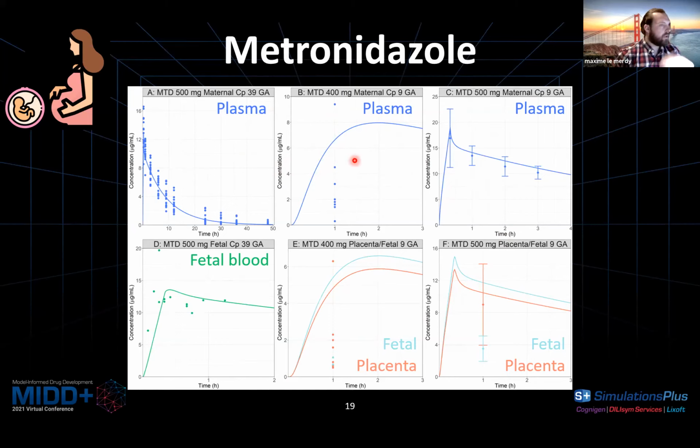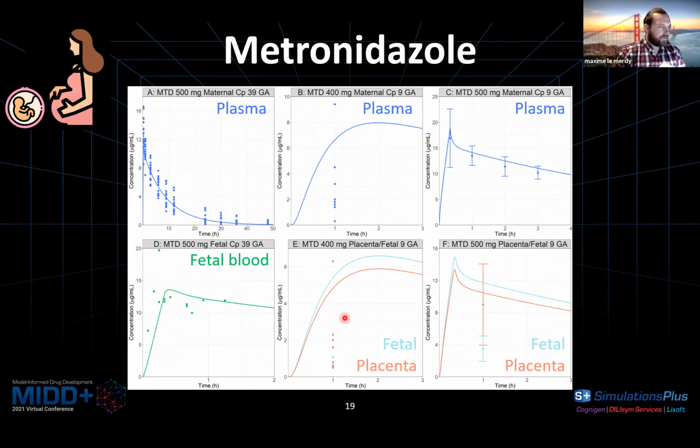So probably in this specific study the subjects were slightly different, maybe the body weight was slightly different or something else is happening, but as a trend, we are doing a great job at predicting the data. In this particular case, the placenta model didn't have to be changed, and without making any adjustment to the baseline physiology model, we're able to capture the fetal blood flow really well.